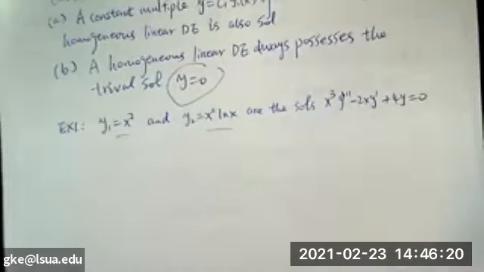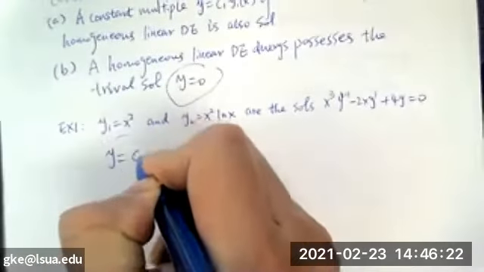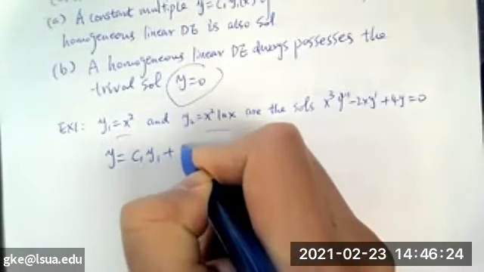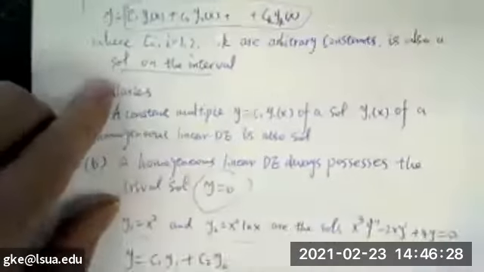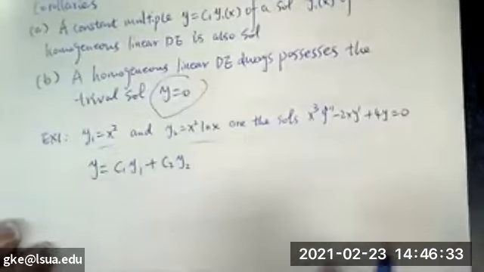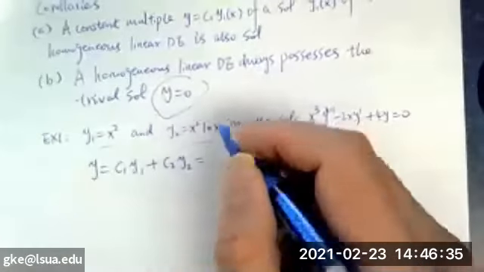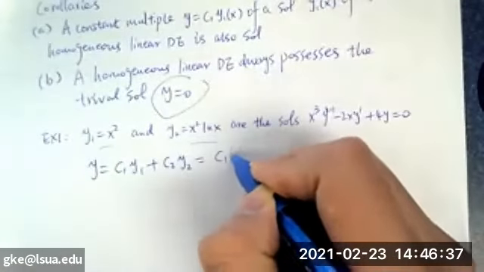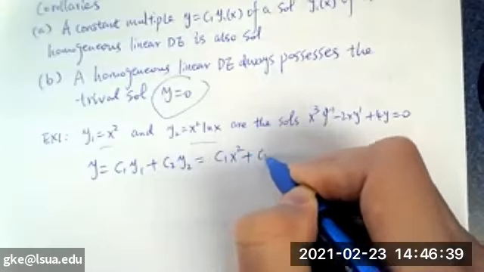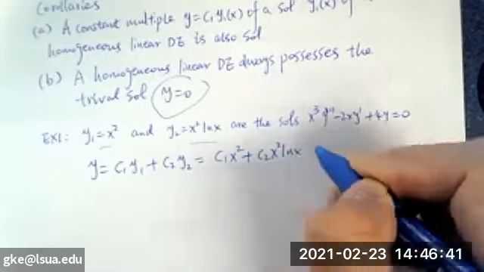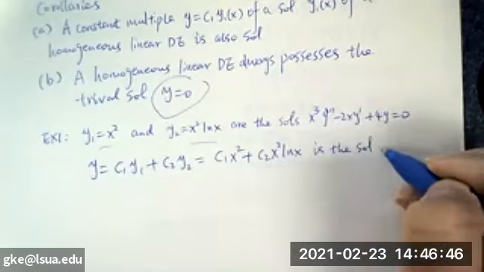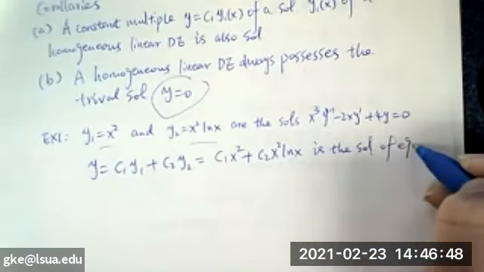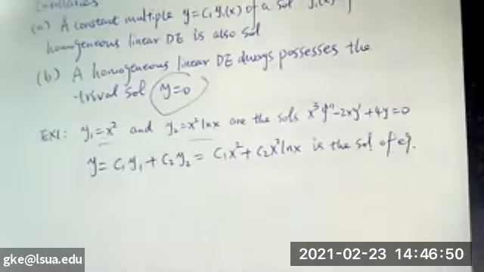So basically, just follow the theorem. It's a linear combination, and this is a solution of the equation.